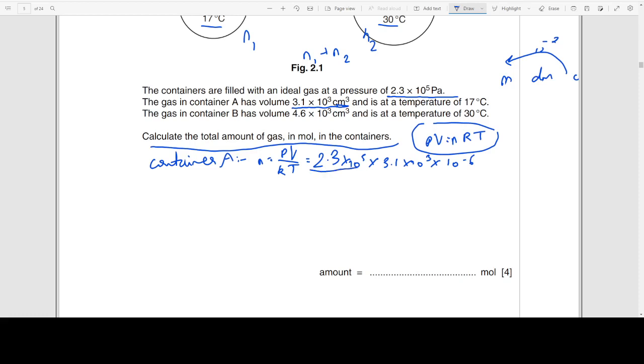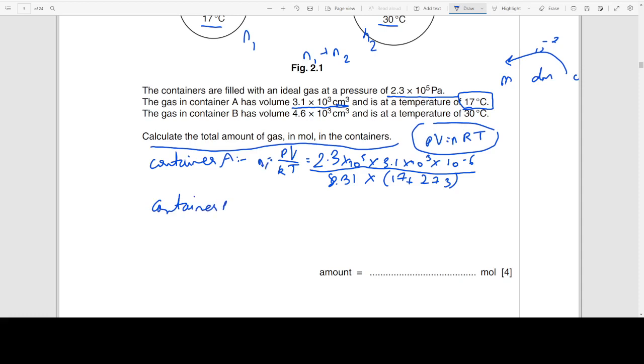Divided by R, the gas constant, which is 8.31, multiplied by temperature, which is 17 degrees Celsius. Remember the SI unit of temperature is kelvins, so we need to add 273. Let this be N1.